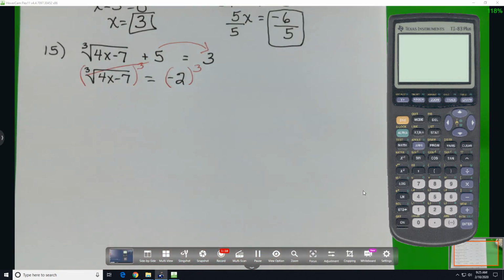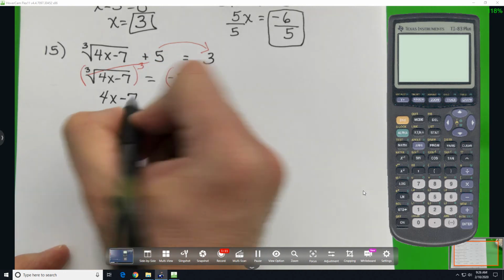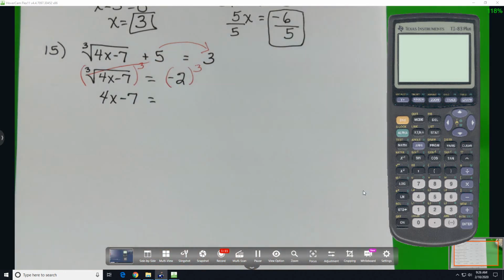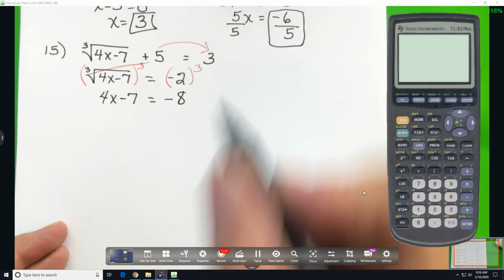The left cancels easily. You just cancel the cube root and the cube. What about the right? Negative 2 cubed. Don't say negative 6. I heard negative 8. That's right. Negative 2 times negative 2 is a positive 4 times another negative 2, negative 8.